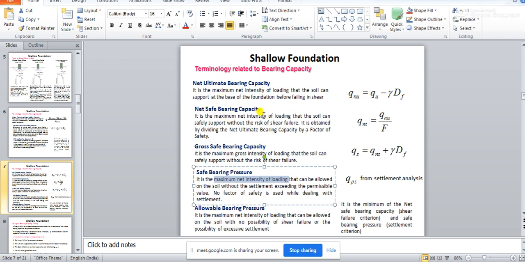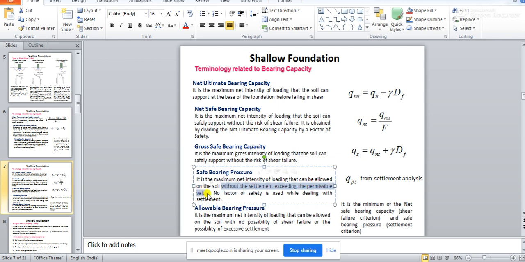This is safe bearing capacity, whereas here it is safe bearing pressure. These two terms are totally different, don't get confused. So, it is the maximum net intensity of loading that can be allowed on the soil, very important here, without the settlement exceeding the permissible value. So, you understand now?